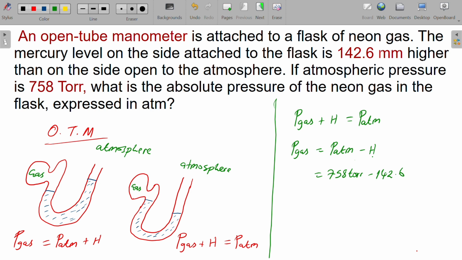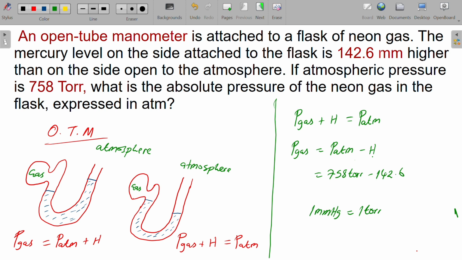In short, the liquid used is mercury. So millimeters of mercury is also a unit of pressure. So 1 millimeter of mercury, like this, is equal to 1 torr. So the pressure you have in millimeters of mercury is the same pressure you're going to have in torrs, and the pressure you have in torrs is the same pressure you're going to have in millimeters of mercury.